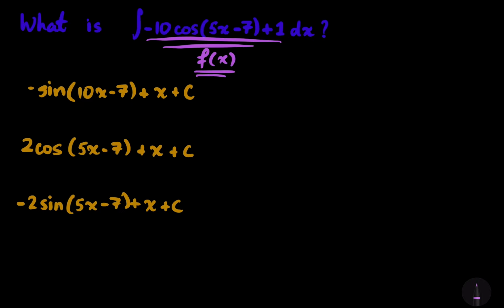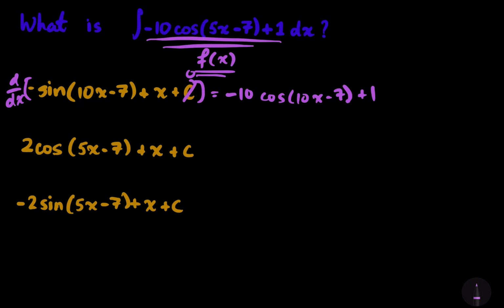So if this expression is actually the integral of f of x dx, then when we take the derivative of this expression, we should end up with f of x. Let's see if that's the case. If we take the derivative with respect to x of this expression, plus c will go to 0, and using the chain rule we get negative 10 cosine of 10x minus 7, and then plus 1.